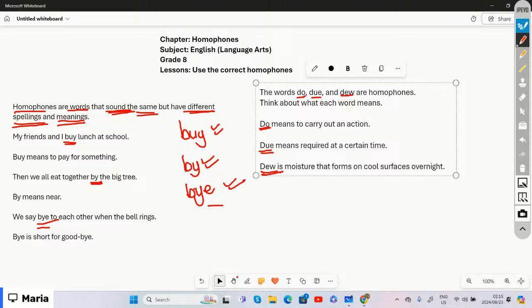And once again, homophones are words that sound the same, but the meanings as well as the spellings are different. We made examples of buy, and we made examples of do. Even though words have the same sound, you need to try and figure out what the meanings of these words are.